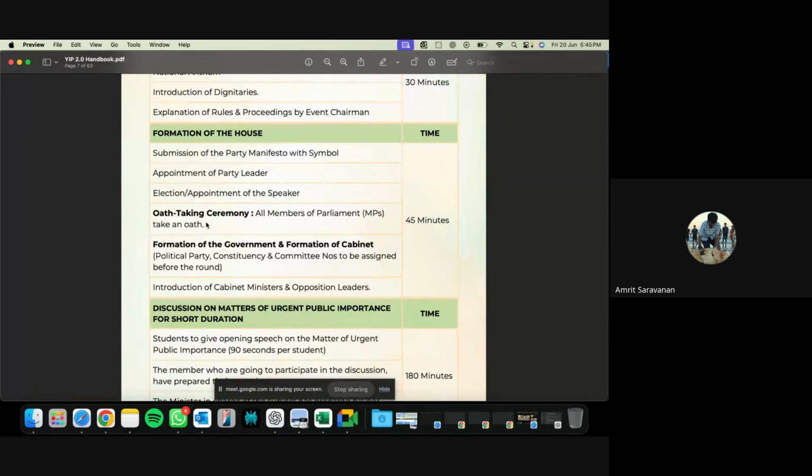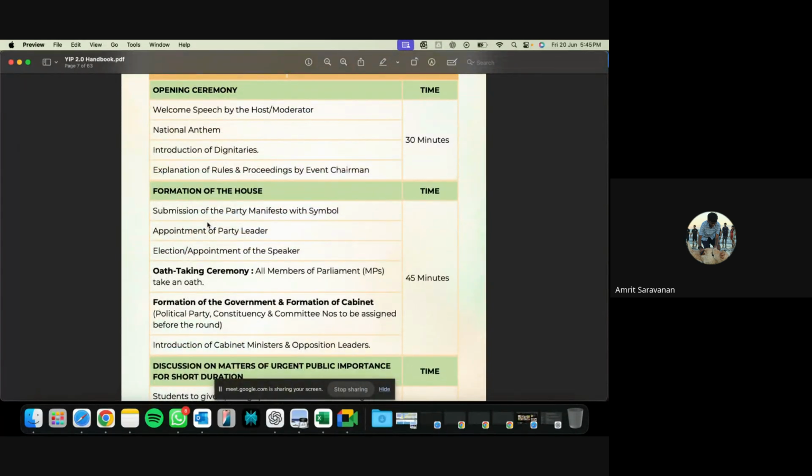To elect the speakers, we'll have a conversation with your teachers and ask them to nominate one or two people per school who want to be a speaker. Once we have that list, right after the opening ceremony, we'll have a small election.